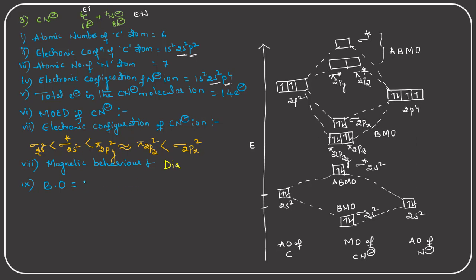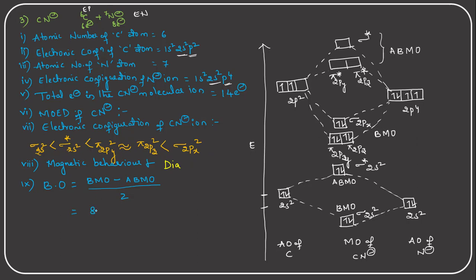The formula I have already given: the number of electrons present in the bonding molecular orbitals minus the number of electrons present in the anti-bonding molecular orbitals, divided by 2. Here, the bonding molecular orbitals: 2 plus 2 is 4, plus 2 is 6, plus 2 is 8.